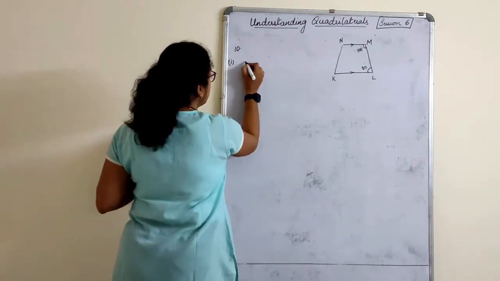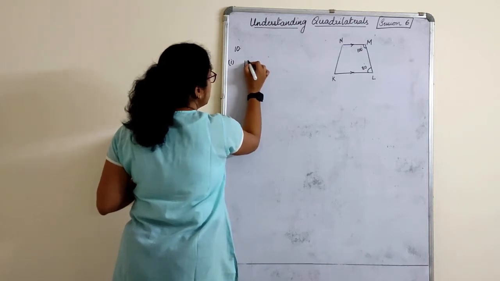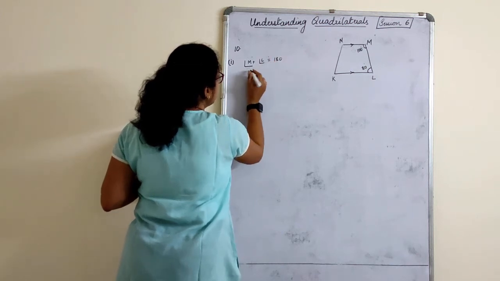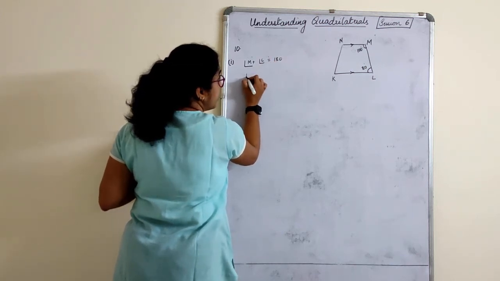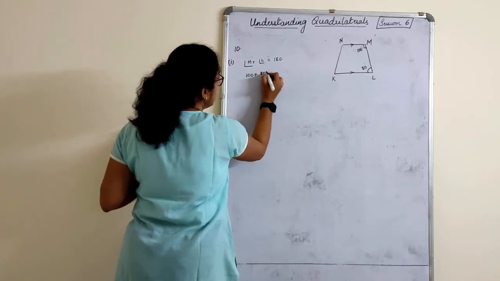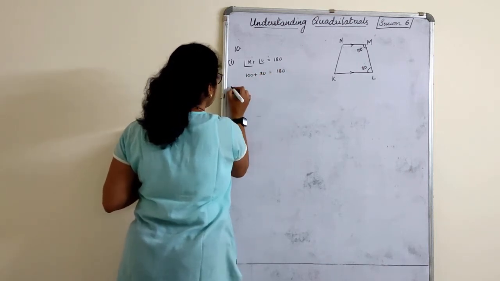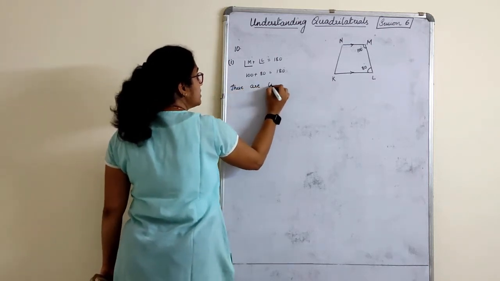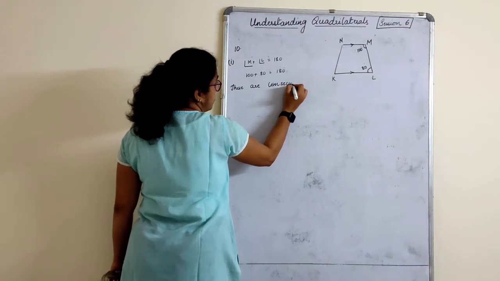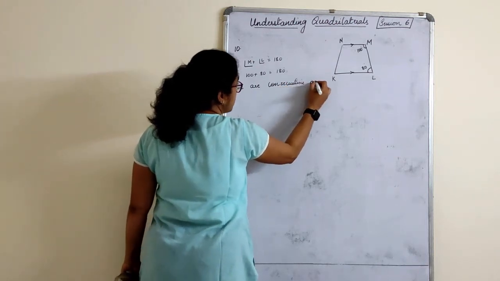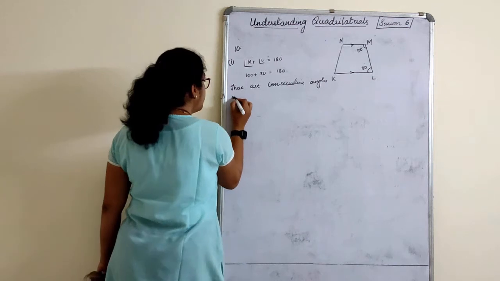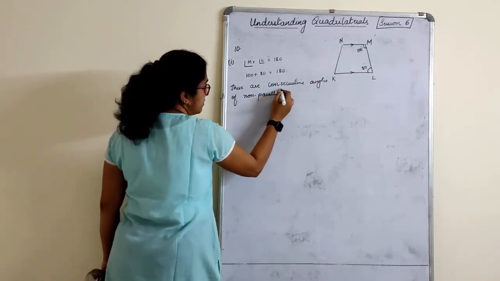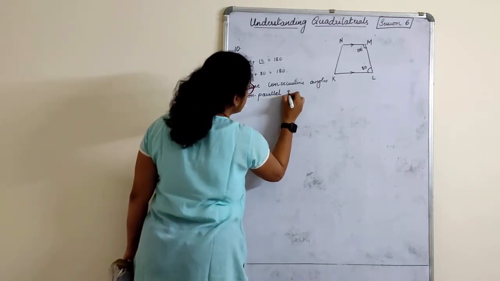So, first of all, if I look at that, angle M plus angle L is equal to 180. Angle M is how much? 100 plus 80 is equal to 180. These are consecutive angles of non-parallel sides.